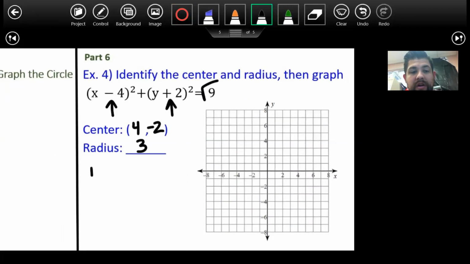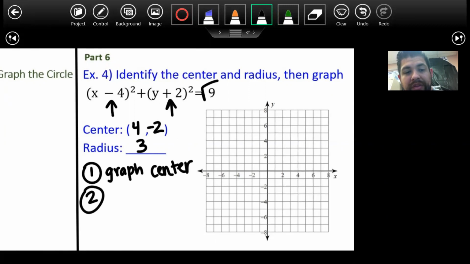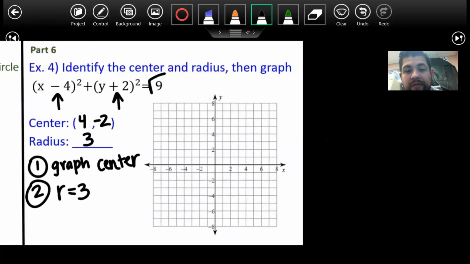So the first thing we want to be able to do is graph the center. From the next part, we want to be able to plot the radius. So we're going to go over 4, down 2.